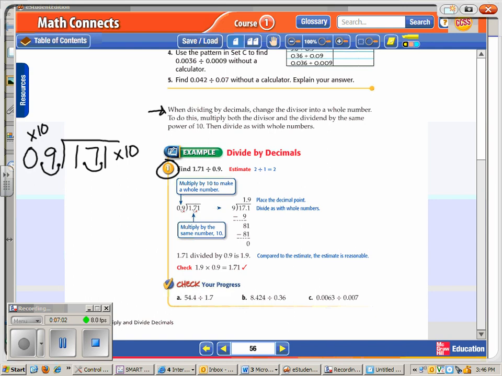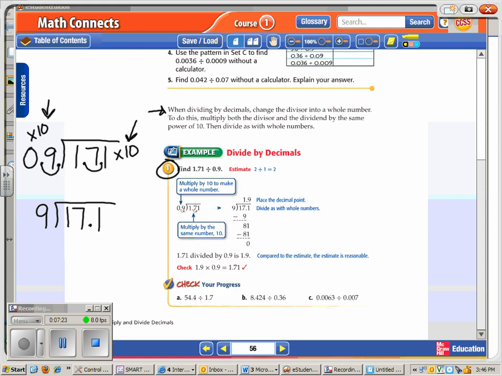So then what you have is 17.1 divided by 9. Now you're looking at just what we were doing before. The only thing that you did is you changed both the divisor and the dividend. You increased them by 10.